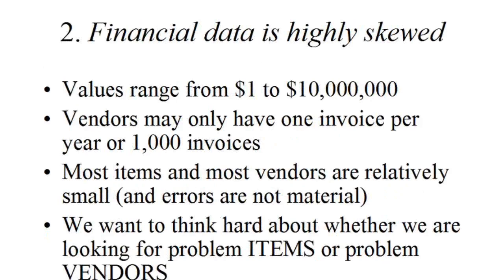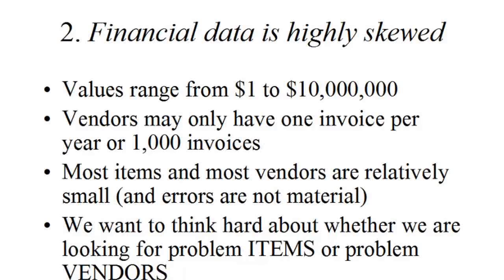All right. So this is also not new if you spend any time looking at data. Financial data is highly skewed. And all that we mean by that is that the values have a large range and they're not evenly distributed. So for example, in a corporate database, we have invoices that are worth $1, we have invoices that are worth $10 million, and the proportion is not even.